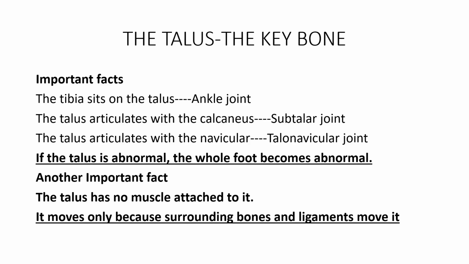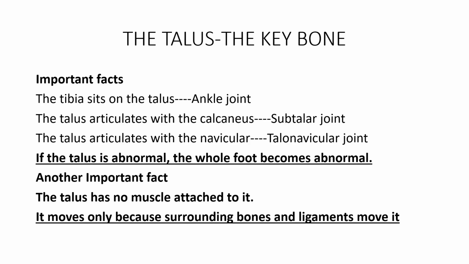The talus is the key bone, as said by Dr. Ponseti. Important facts regarding the talus: it is involved in making three main joints. The tibia sits on the talus to form the ankle joint. The talus articulates with the calcaneus to form the subtalar joint, and the head of the talus articulates with the navicular to form the talo-navicular joint.